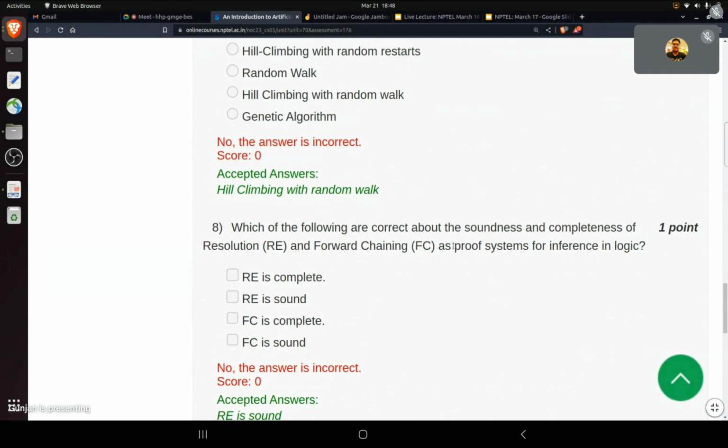But if a solution exists, it will definitely be able to find it. The concept of soundness is that it should tell you the truth whenever asked. So if you give it a question and it is true, then it will tell you it is true. Then it is sound. But if it cannot tell you that this is not true, then it is not complete, because for completeness, it should be able to tell you that this is not true.